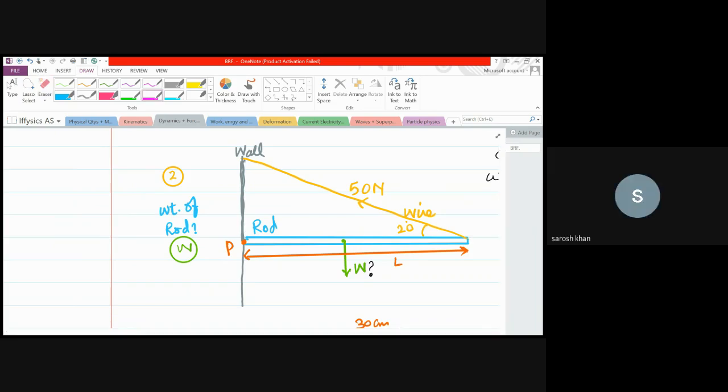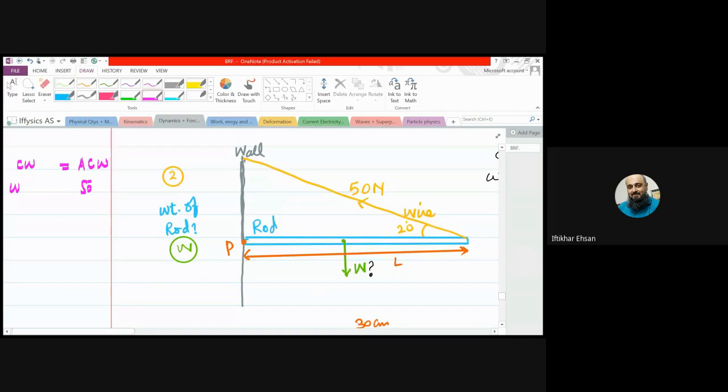If the rod is in equilibrium, it means that the force acting upwards will be equal to the weight. So the force upwards will be 50 sine 20, and that will be equal to weight. Very right, beta, we are only giving the force upwards.